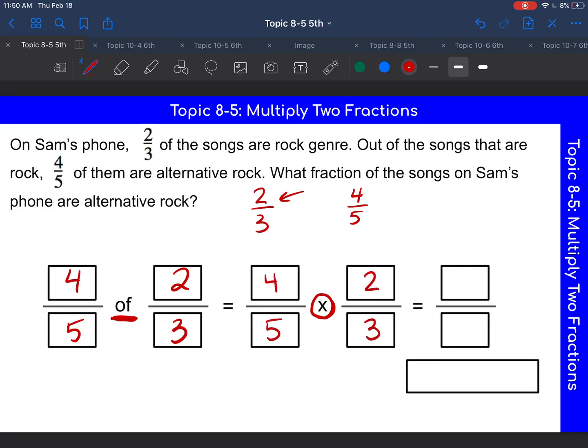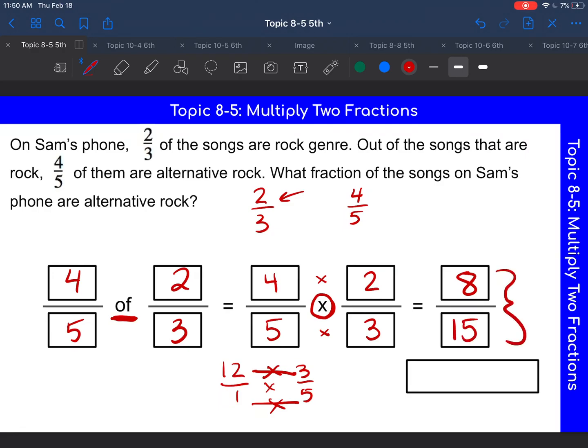4/5 times 2/3. Okay, and what we can do with that now, it's basically just like when we had a whole number and we put it over a 1. Okay, you just multiply straight across. So 4 times 2 is 8. 5 times 3 is 15.